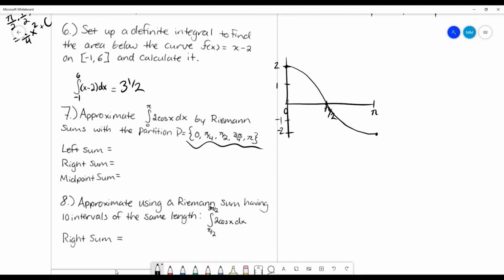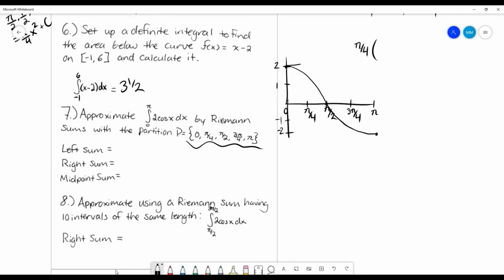Okay. So, using my left sum from along this bit here, I see that I've got a constant length of the subintervals, so I can actually factor that out. So my sum is going to be not 1/4, sorry, pi over 4 times each of these heights then.